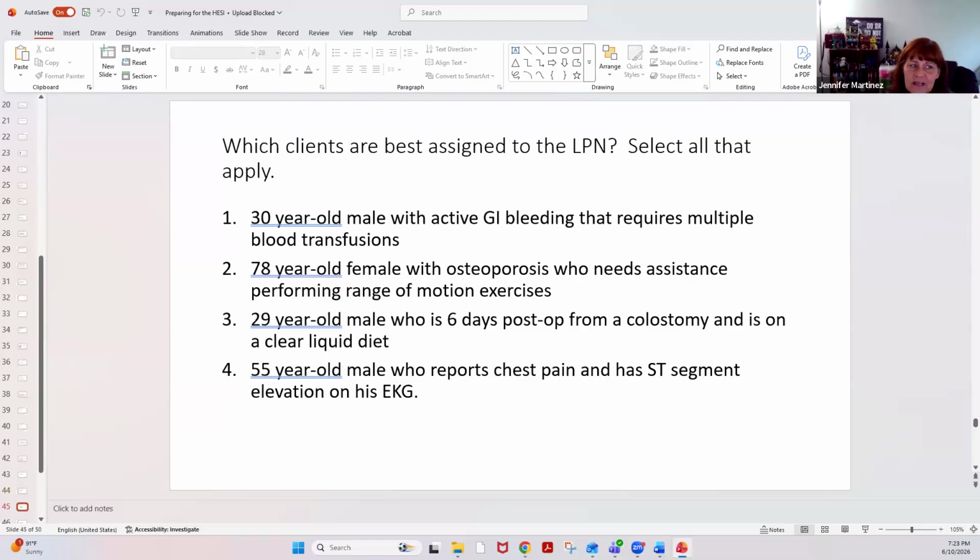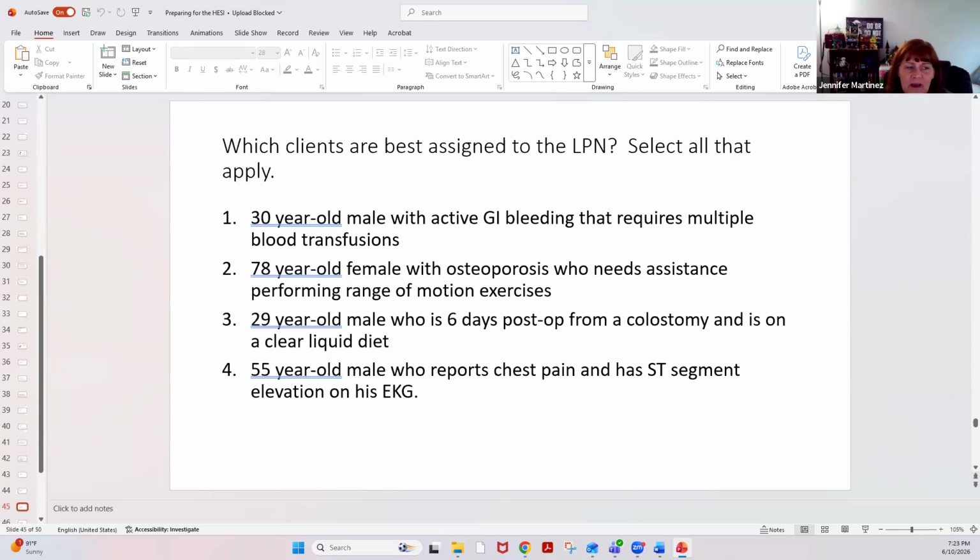All right. Which clients are best assigned to the LPN? Select all that apply. We have a 30-year-old man with active GI bleeding that requires multiple blood transfusions. We have a 78-year-old female with osteoporosis who needs assistance performing range of motion exercises. We have a 29-year-old male who is 6 days post-op from a colostomy and is on a clear liquid diet.